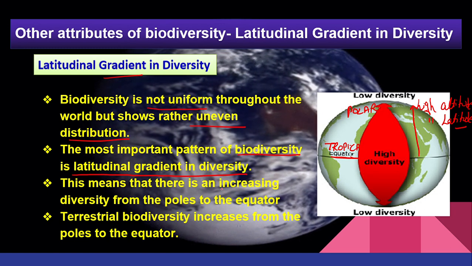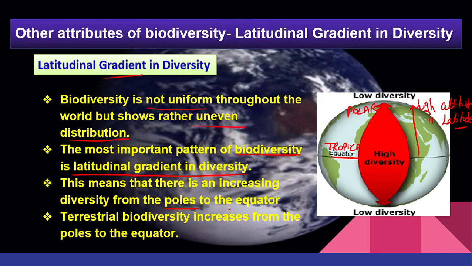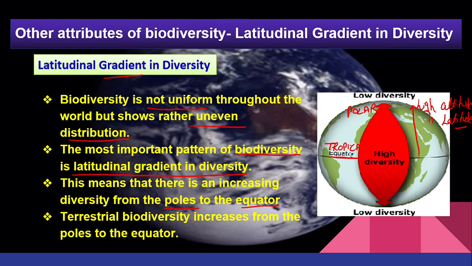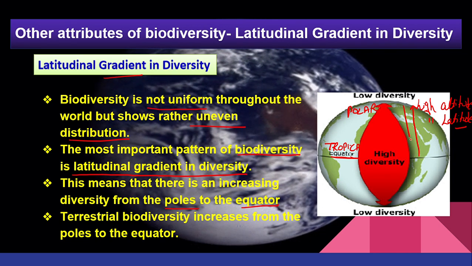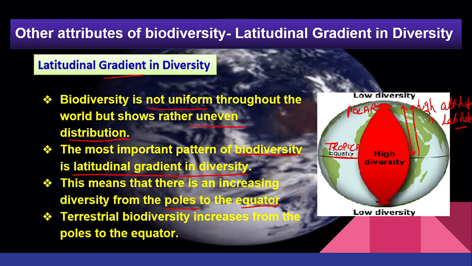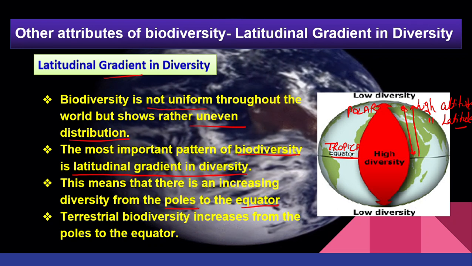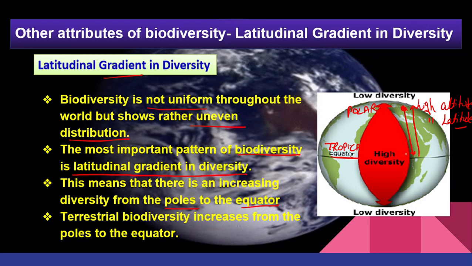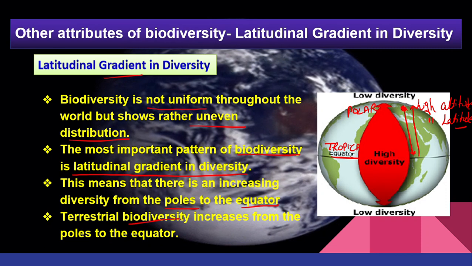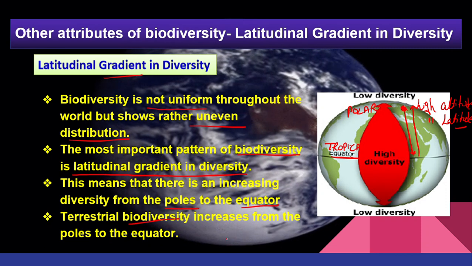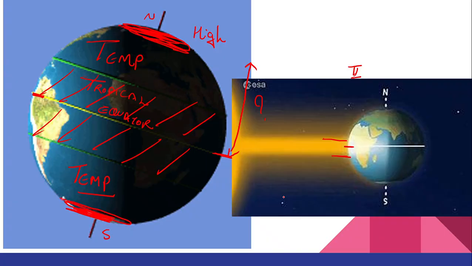Now this means that there is an increased diversity from poles to equator. That means if I move from pole towards the equator, what will happen? My diversity increases. Right? Now terrestrial biodiversity increases from pole to equator, right?